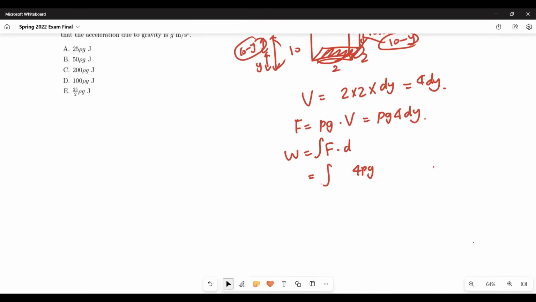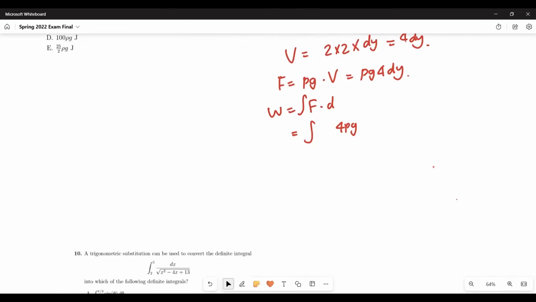So the distance is 10 minus y, so 4ρg (10 minus y) dy, integrating over the entire height, 0 to 10. 4ρg can come out, so 4ρg times the integral from 0 to 10 of (10 minus y) dy.